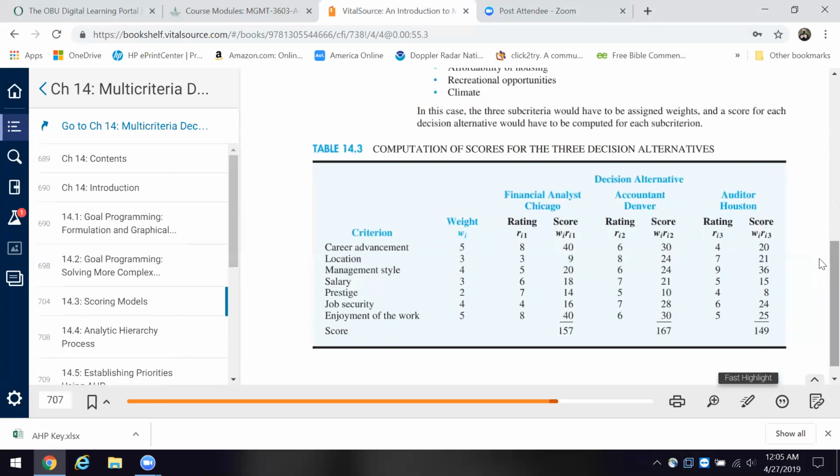We get a score for Chicago, Denver, and Houston. Now, if you look at table 14.3, it's pretty simple. You can see there's not much spread between these numbers. If you took the averages of the 3, you're just not going to see that much difference between them.